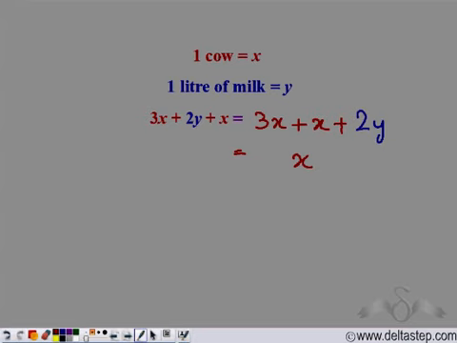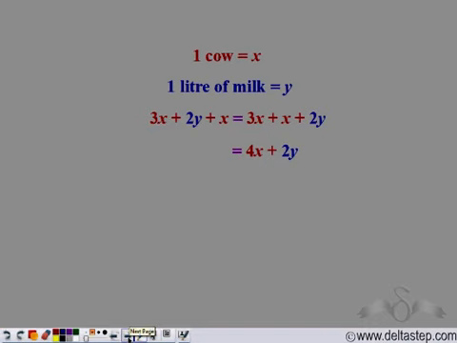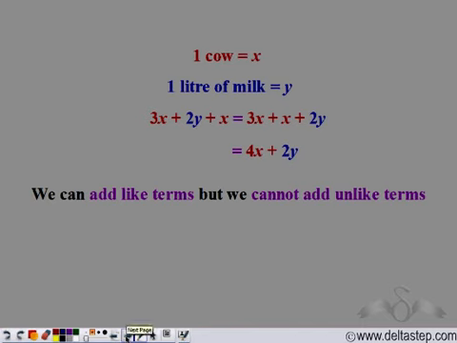The coefficient of this term will be 3 plus 1. So 4x. And since 2y is an unlike term, we write it as it is. So we get 4x plus 2y. Hence we see that we can add like terms, but we cannot add unlike terms.